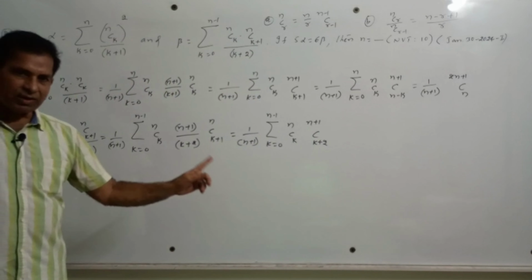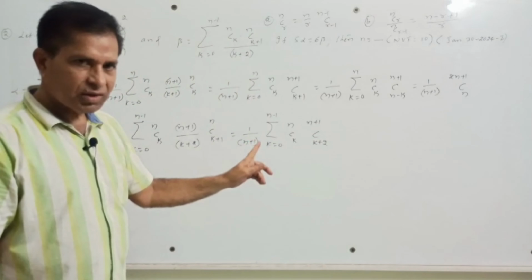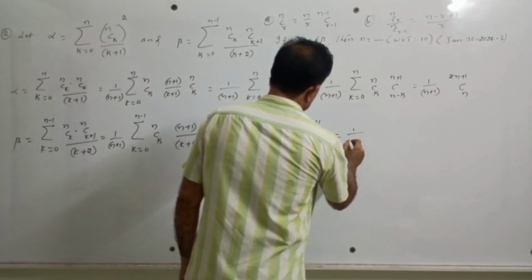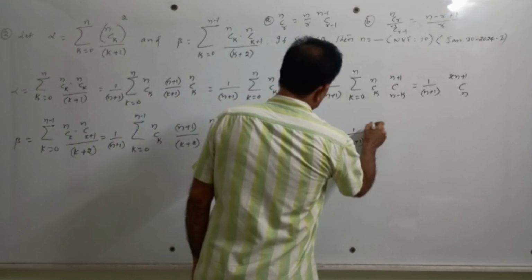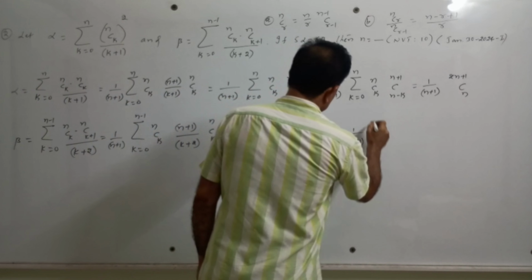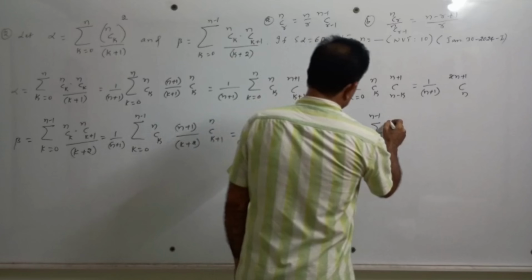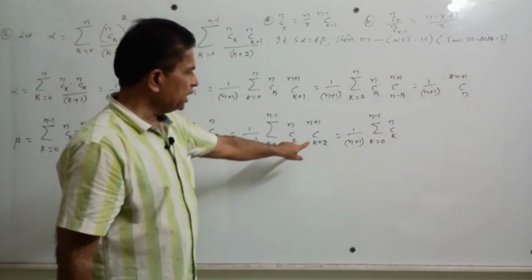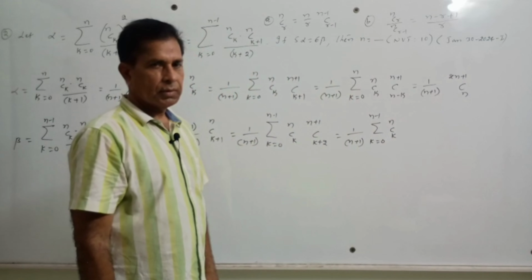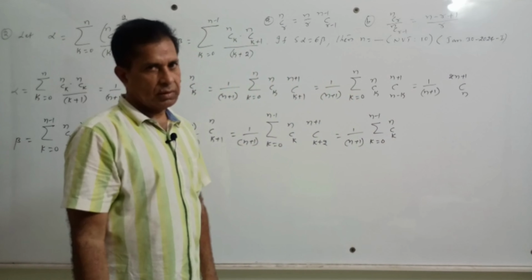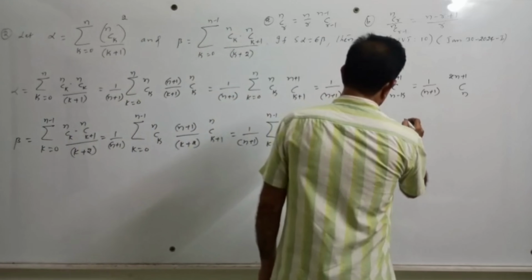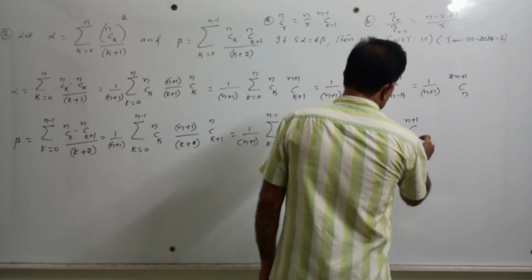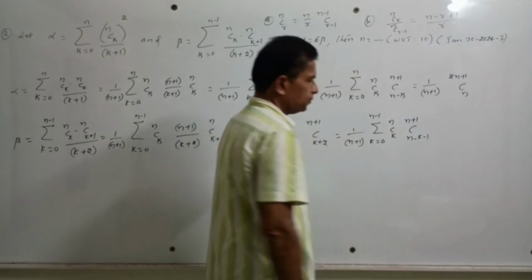Now to convert this series into standard form, let us write 1 by n plus 1 the same, sigma k equals 0 to n minus 1, nCk (n plus 1)C(k plus 2). By using nCr equals nC(n minus r), this can be written as (n plus 1)C(n minus k minus 1).